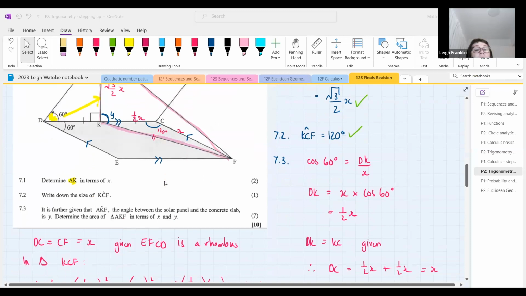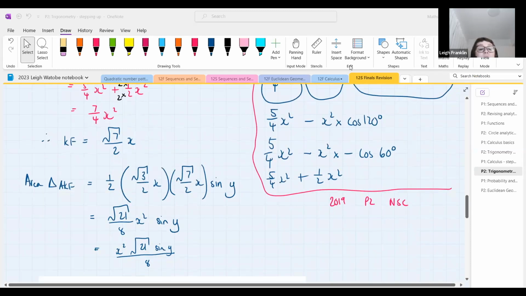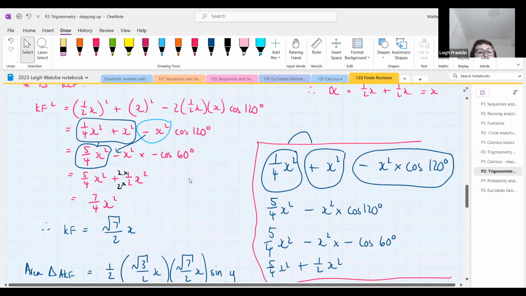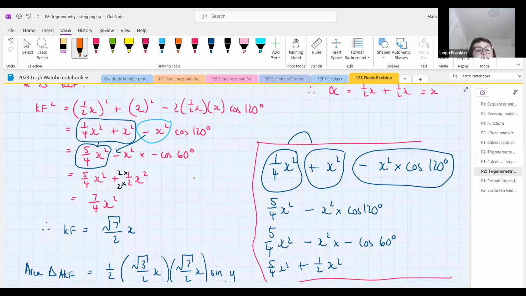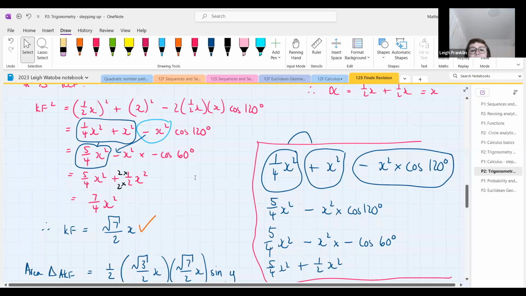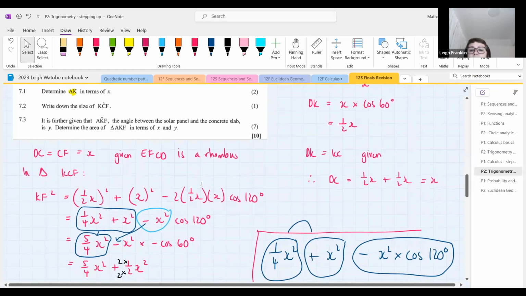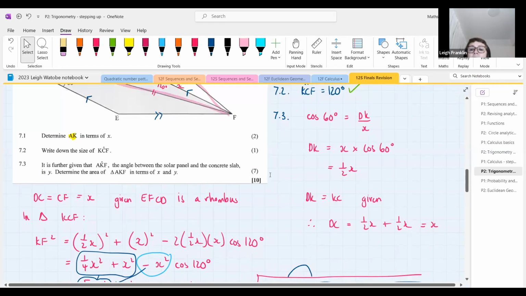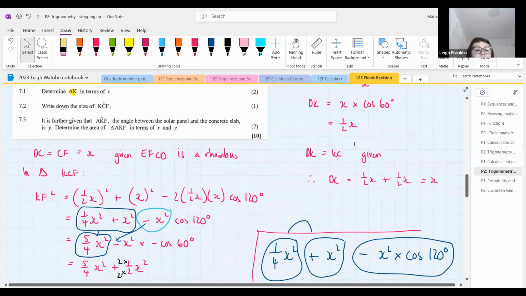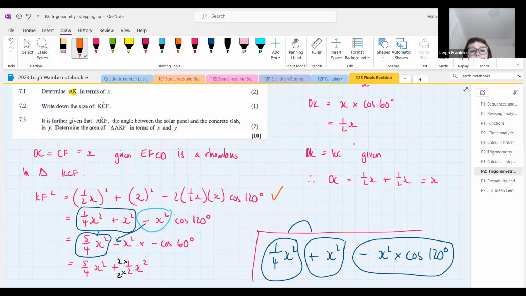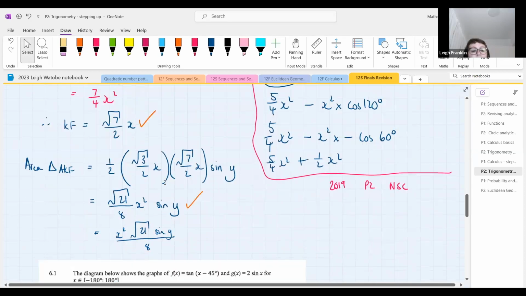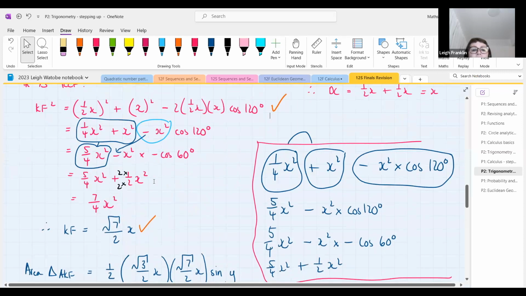Let's just go through where the marks would be allocated for something like this very quickly. All right, so obviously a mark on our answer. There has to be a mark on getting KF as well. I would say there has to be a mark for subbing into KF squared. How many marks is that so far? That's 3.